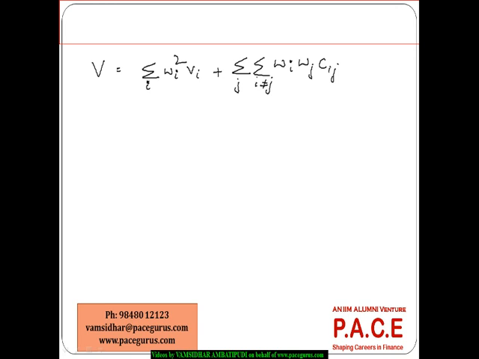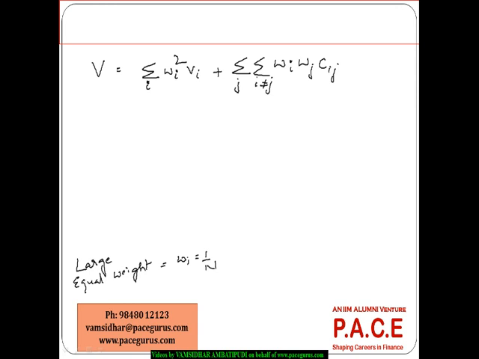Still, let me consider a very large portfolio, equally weighted. Now I am not considering independence, which means each of the Wi's is still becoming 1 by n.